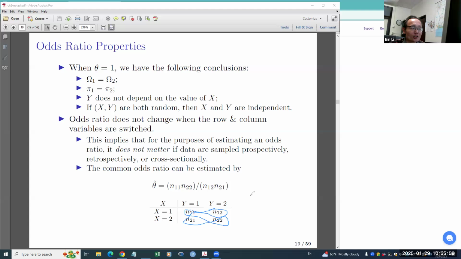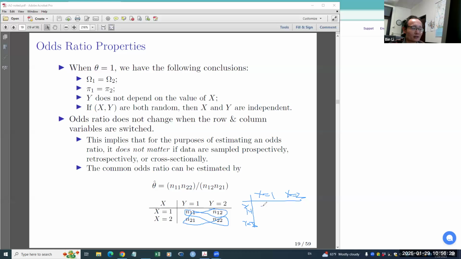Okay, and if we switch the x and y, it's the same. You can easily check. So now we have y is 1, right? Then y equals 2 over this, x equals 1, this is x equals 2. Now this one will be what?